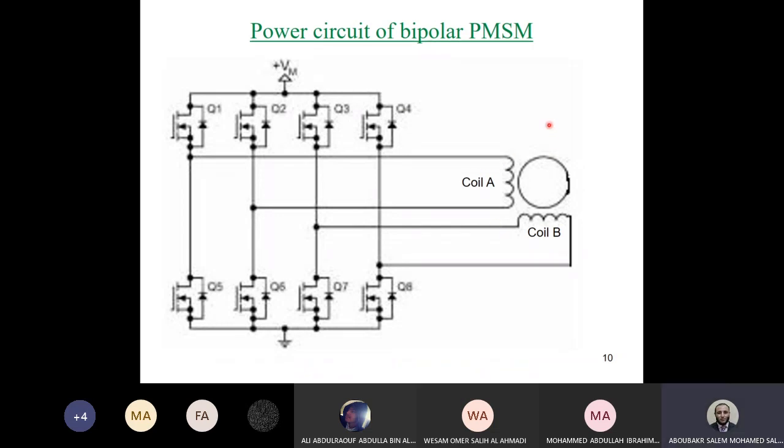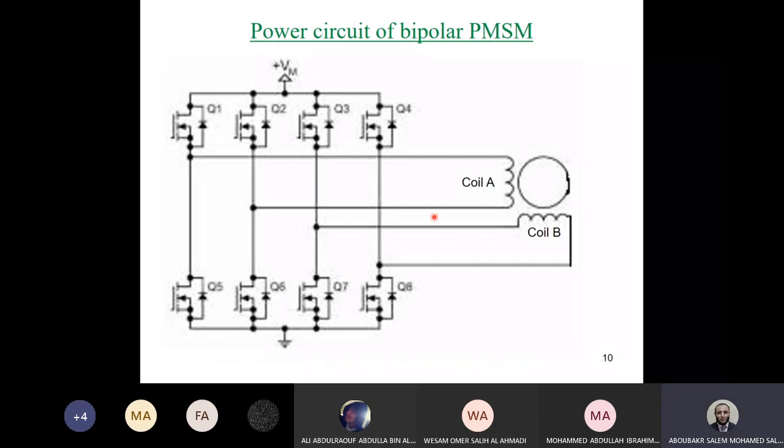The drawback of this circuit compared to the unipolar circuit is that we have a higher number of switches, which means the cost is higher compared to unipolar. However, because of mass production, you may find the circuit at the same price, because the cost of power electronic elements for low power ratings is very cheap now.